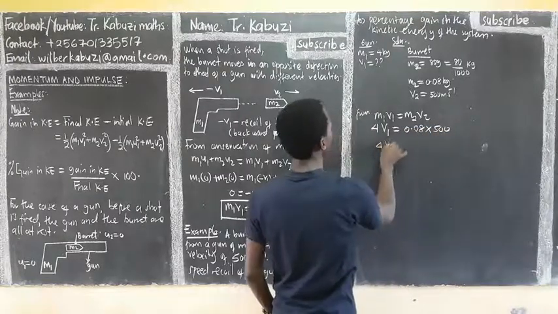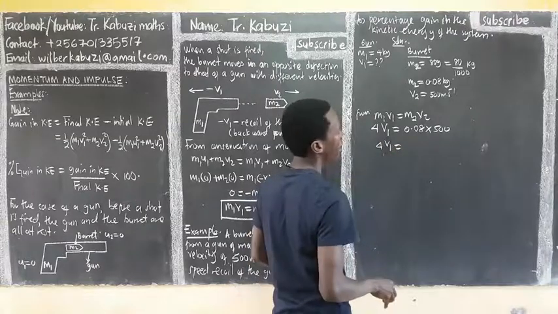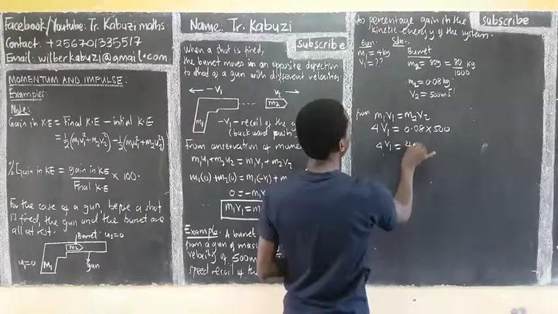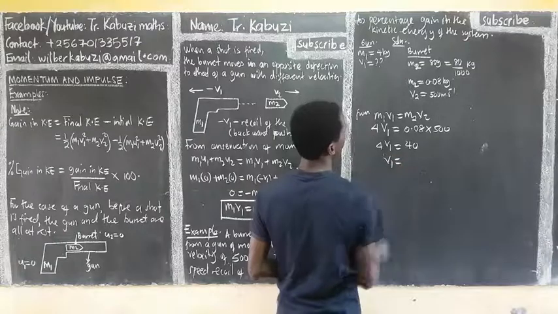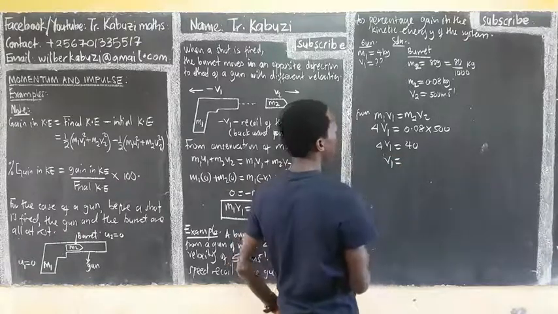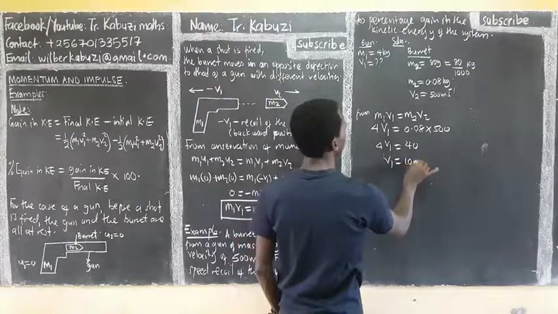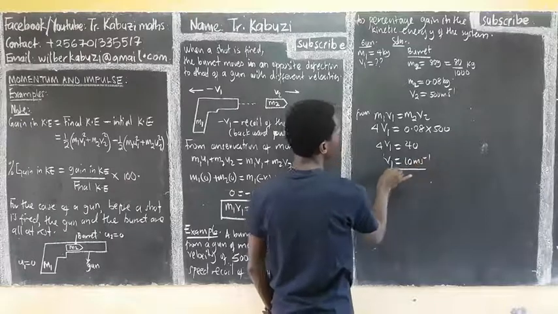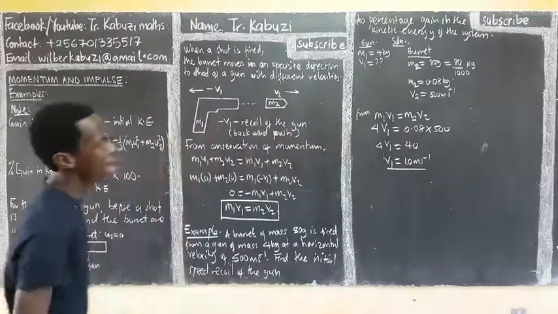So for V1, multiplying there, I'll get 40. So the velocity of the gun is going to be 10 meters per second.